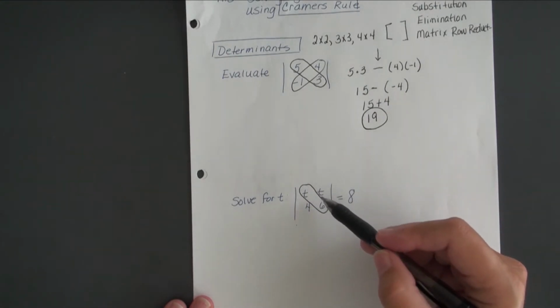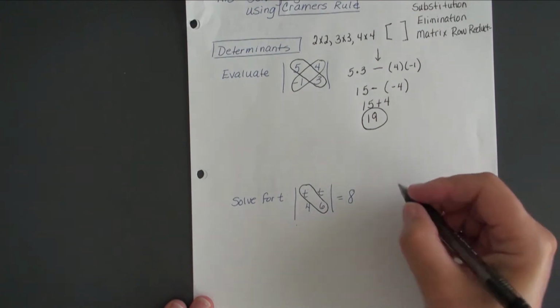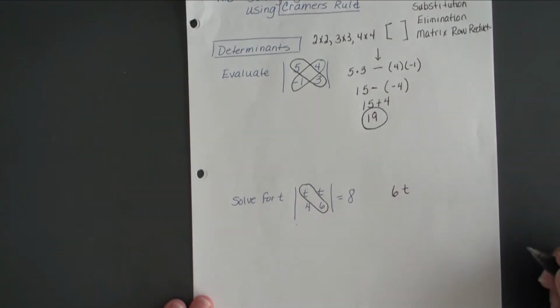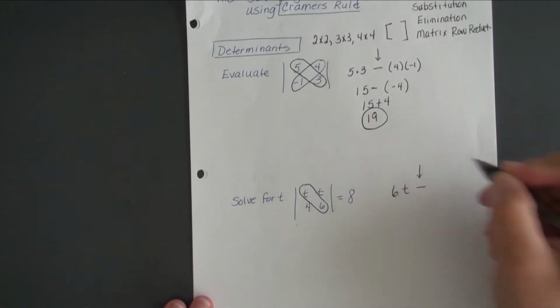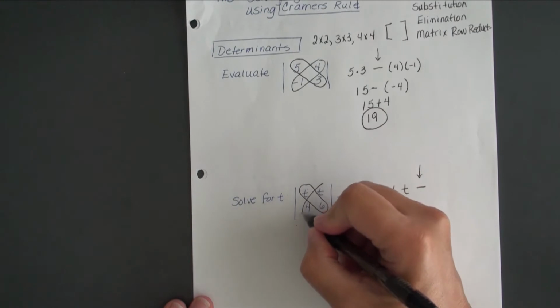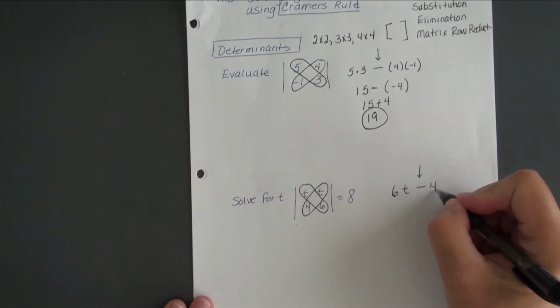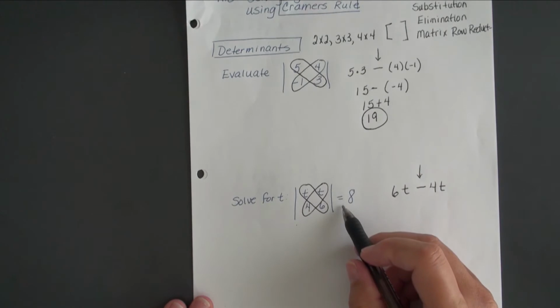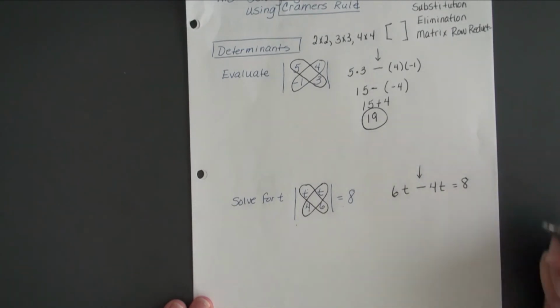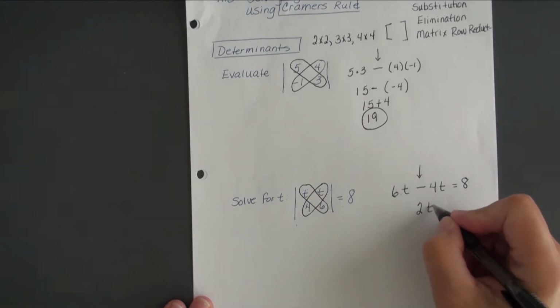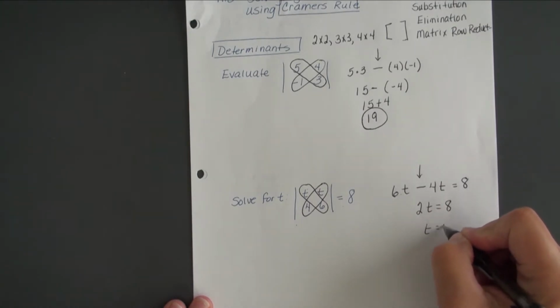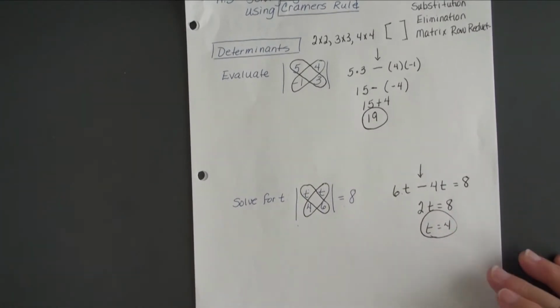So we have 6 times t, or 6t, minus, remember the minus, and now you multiply the numbers along the other diagonal, 4 times t. According to our problem, that has to equal 8. Well, we know 6 minus 4 is 2, so 2t equals 8. That means t equals 4. So the solution there for my determinant value of t is 4.